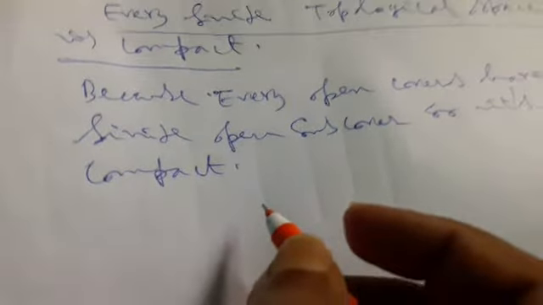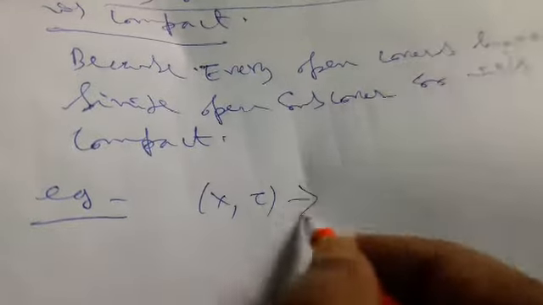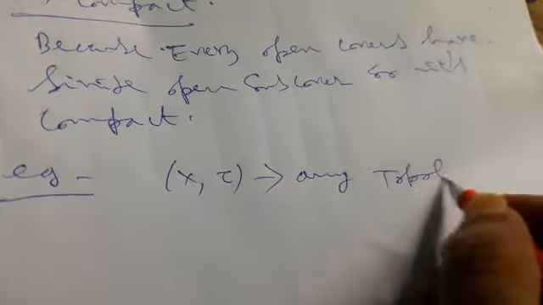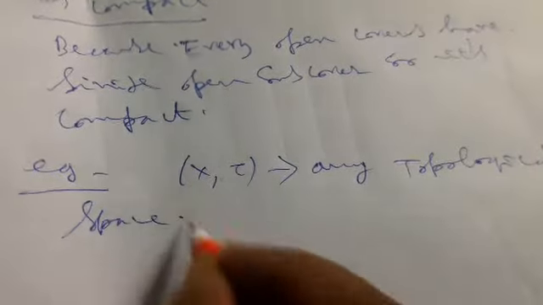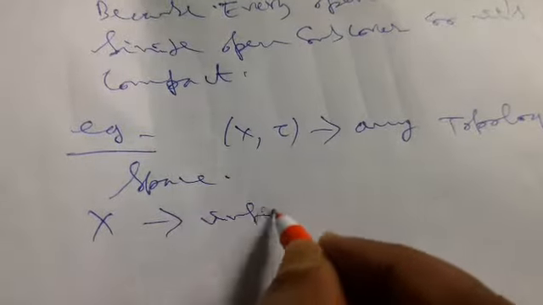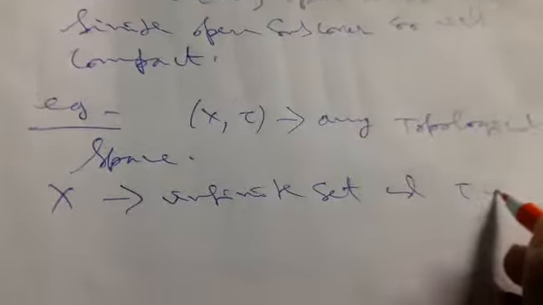Suppose we take the cofinite topology. Let (X, tau) be a topological space, X an infinite set and tau the cofinite topology.